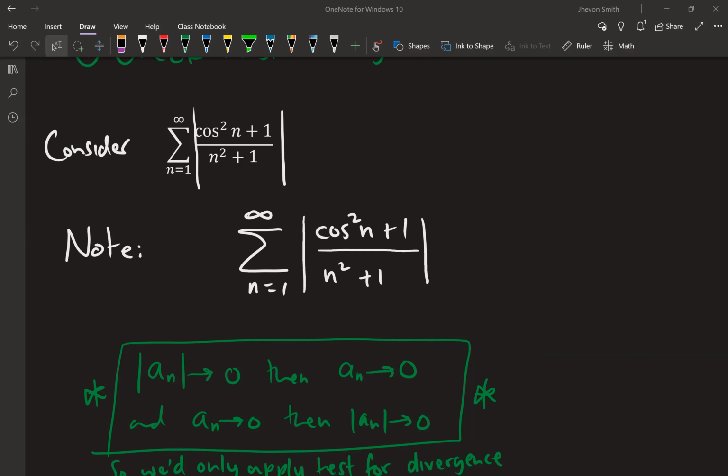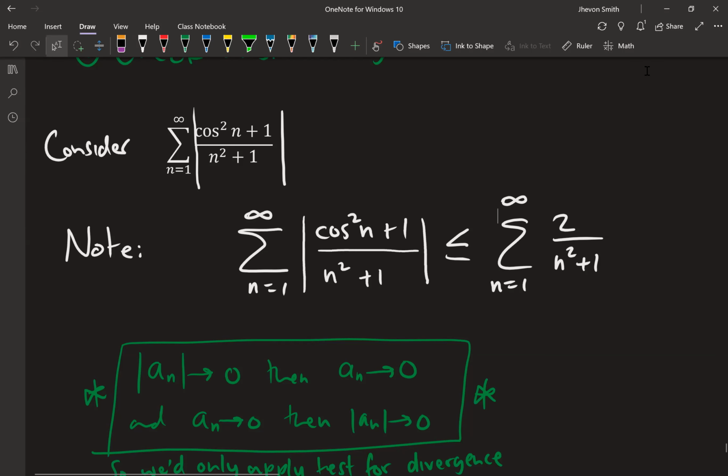You see cosine and absolute values, you see sine and absolute values, you're thinking, hey, the cosine is going to be less than 1 in absolute values. So that means this guy is going to be less than or equal to 2 over n squared plus 1.